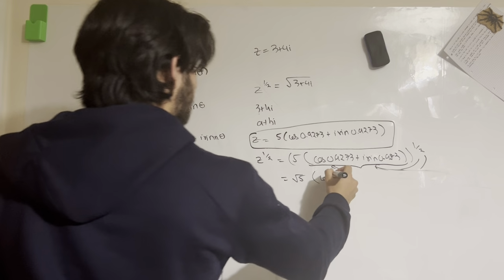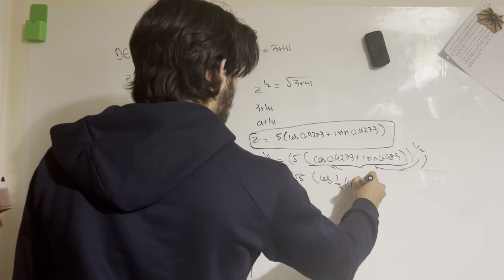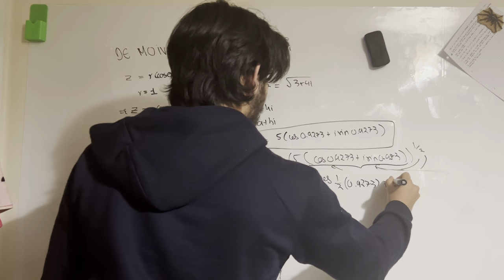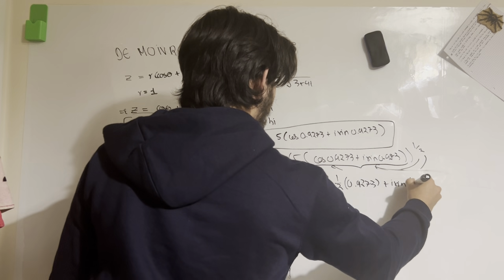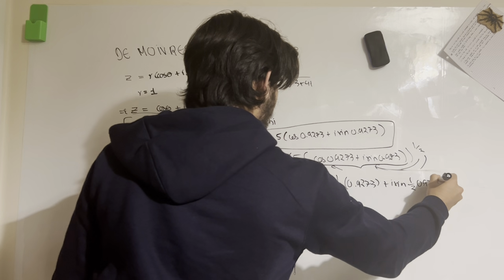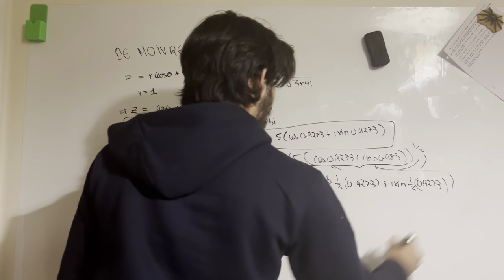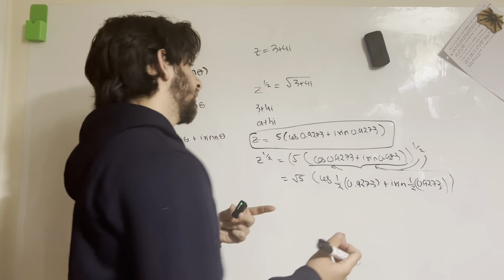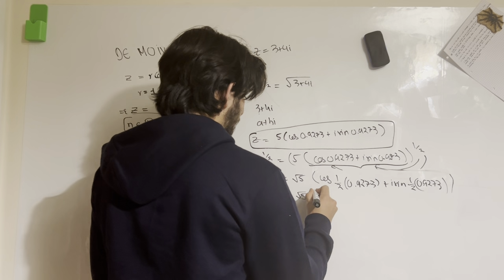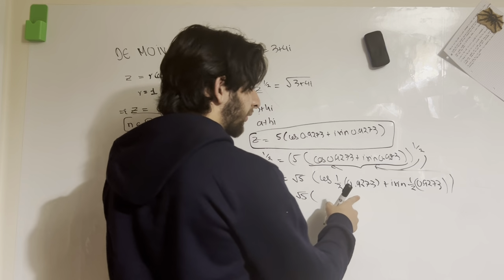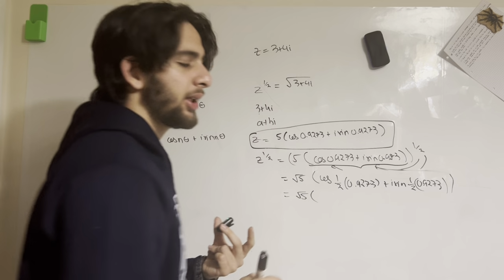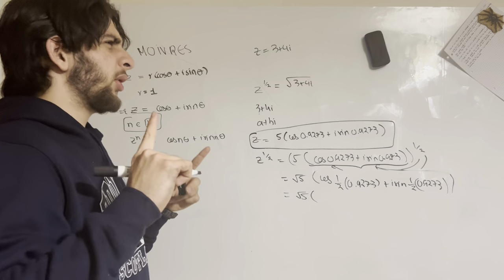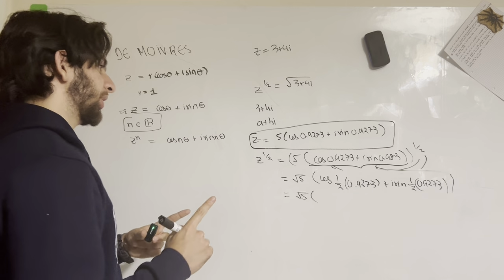So if you have a half times 0.9273 plus i sine a half 0.9273, then the idea over here is that you can just compute what the half of the angle is, and then happy days, that's your answer. Or rather, I should be a little bit more specific.